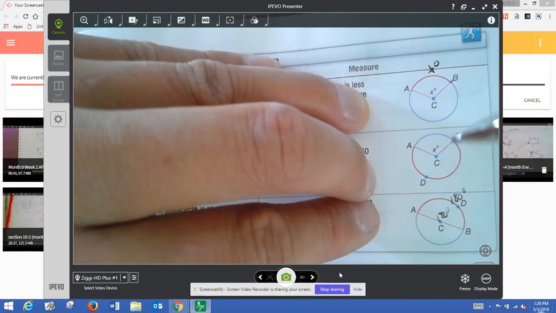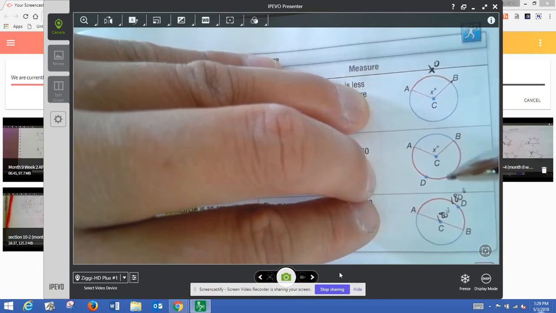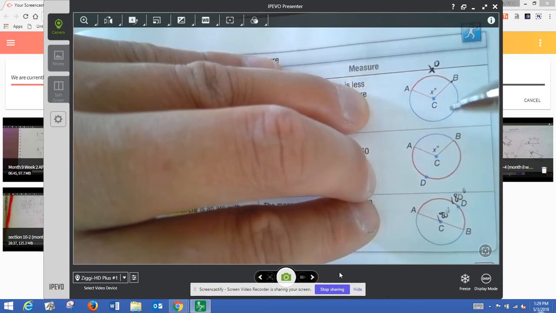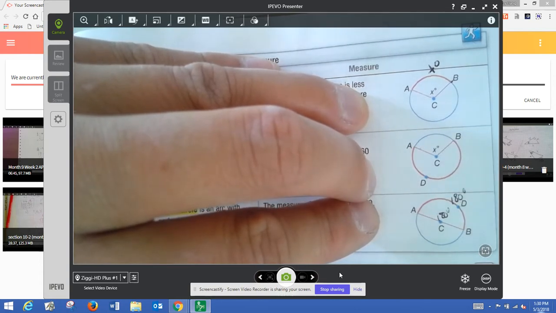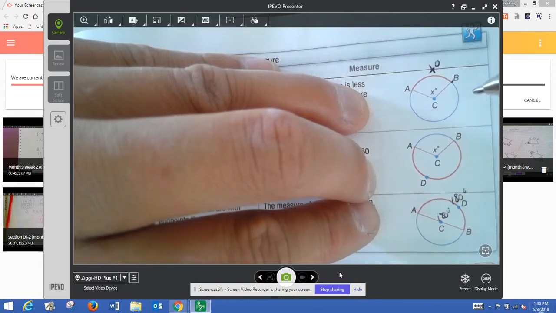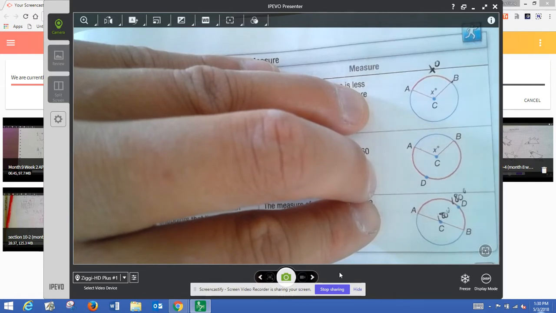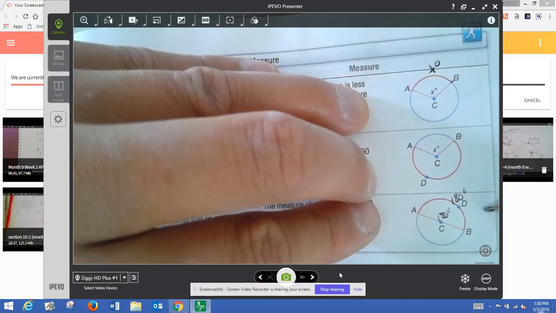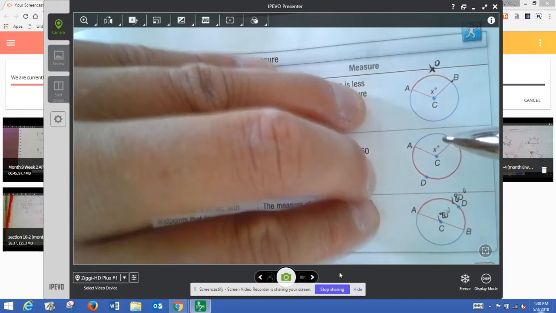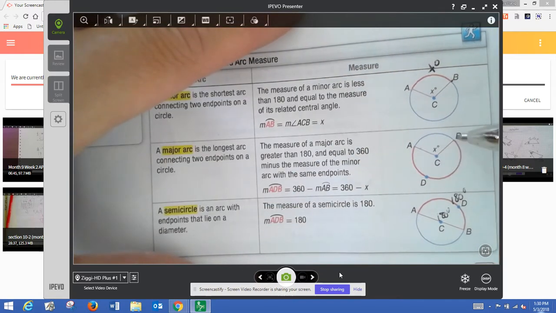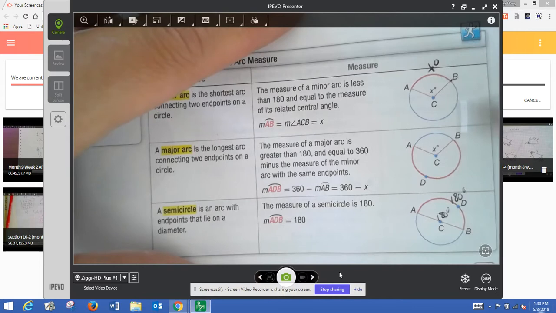The arc is in red. Which one is the biggest? Minor, major, or the semicircle? Major. Do you see how the major is the biggest? It's like from here to here. This one's going to be the smallest, and this is half the circle.